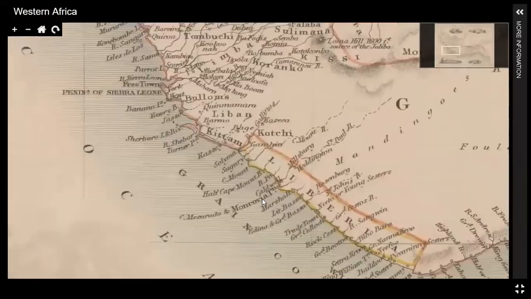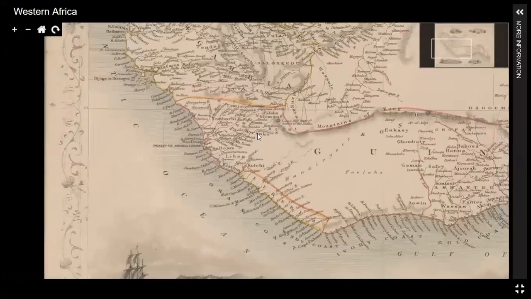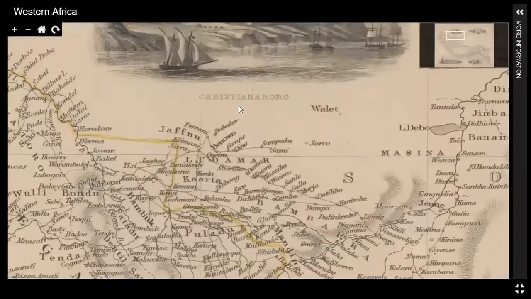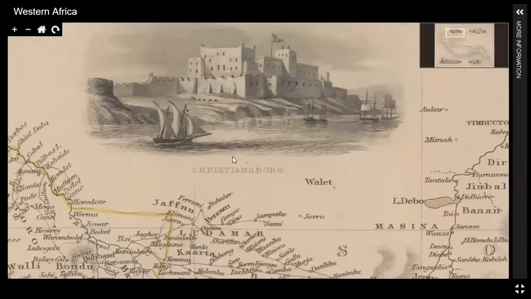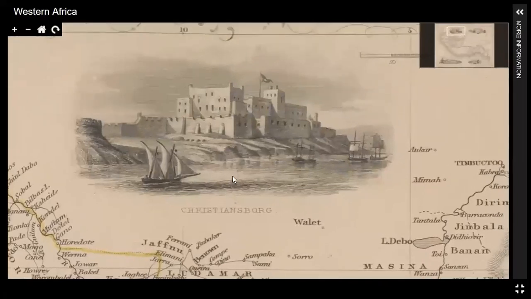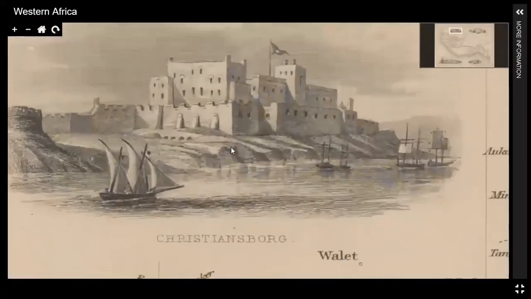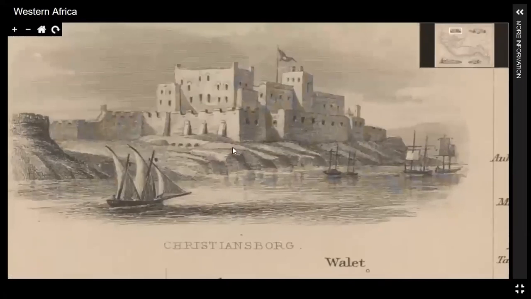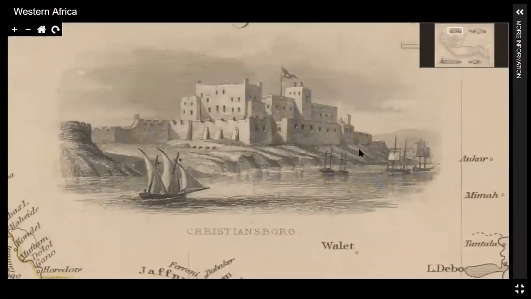Even more impressive is the one that's presented at the top of Christianborg Castle. Quite an interesting vignette in itself, a representation of one of the slaving castles on the Gold Coast, Christianborg as it was known at the time.